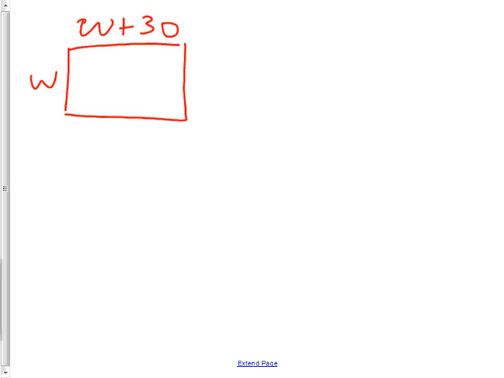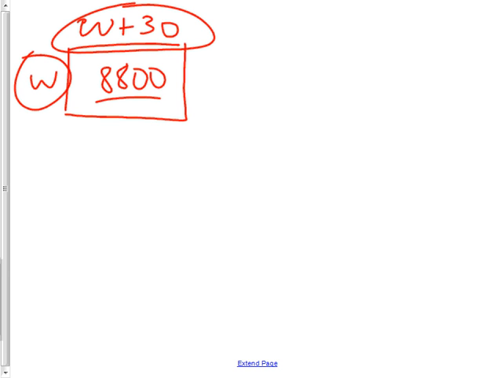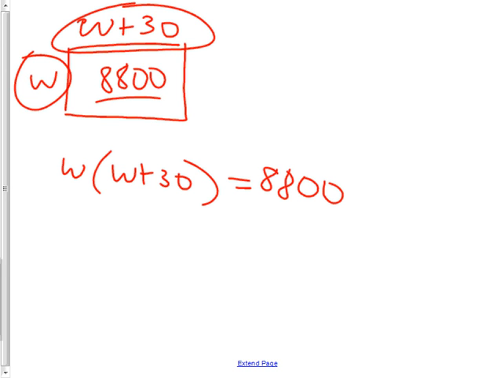I like to put that in the middle. Do you get that the area is the length times the width? Do you see how he just made an equation? This times this has to equal that. W times W plus 30 has to equal 8,800. That was the hard part. I've already done it for you.